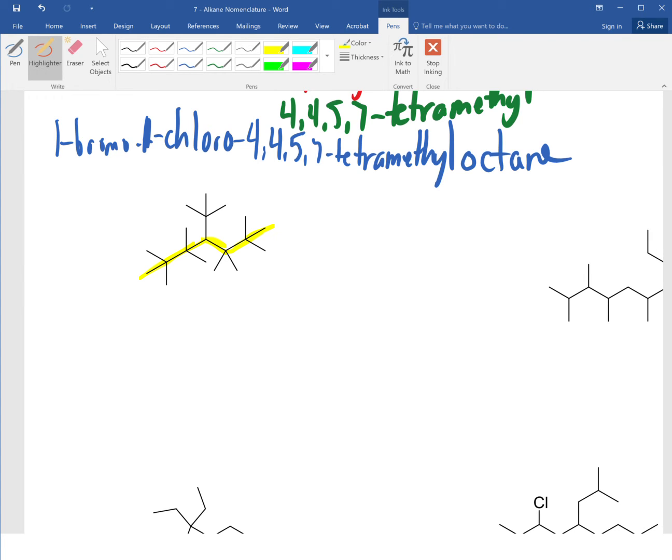Now, in this case, we don't need to worry about which direction we number this one. Why is that? Well, if you look right here, and I'm going to erase this line in a minute, this molecule is symmetric. We have the same things on the left and right halves of the molecule. So because this is symmetric, we're going to get the same numbers regardless of which direction we go in.